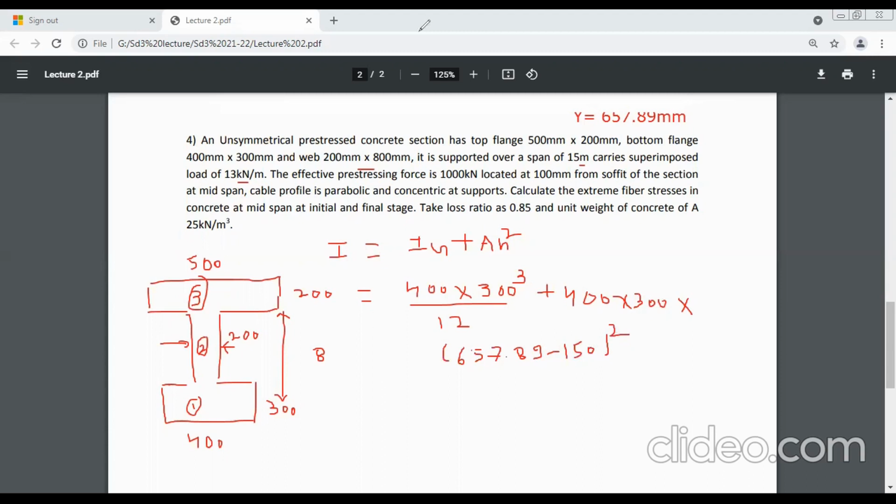So now plus Ixx2. This one is the web. So here B it is 200, then depth it is 800. 200 into 800 cube divided by 12.